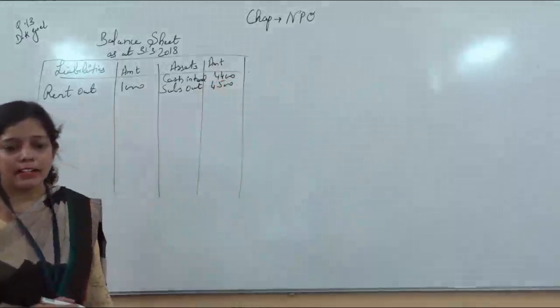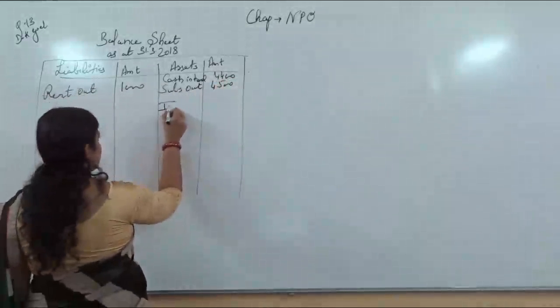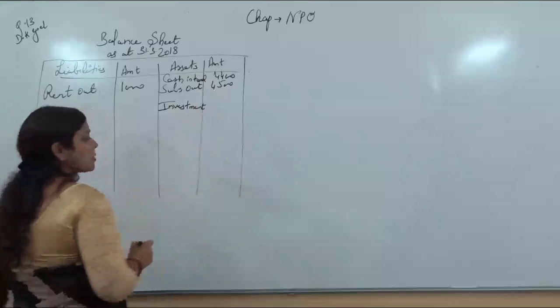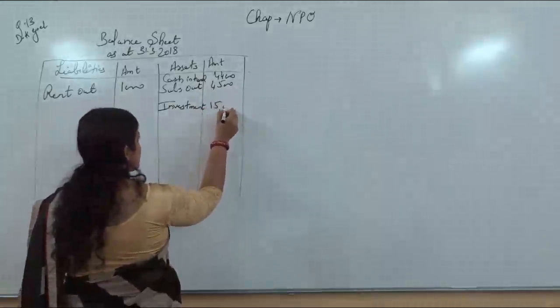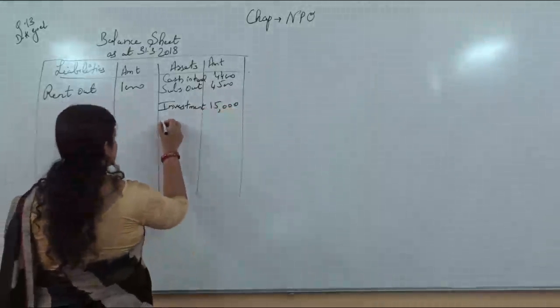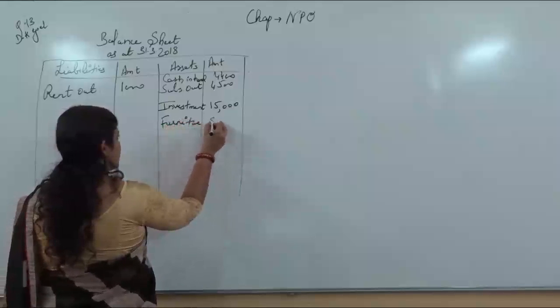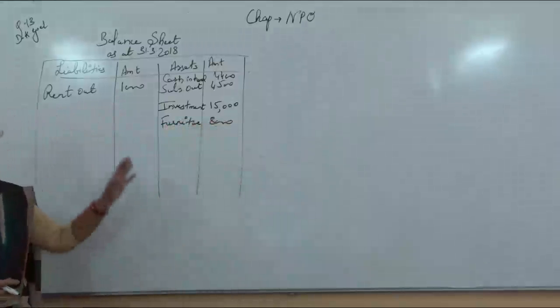Then the next item, investment. What is the value of the investment? 15,000. Then the next one, furniture, 8,000. These are the items which are related to the previous year.